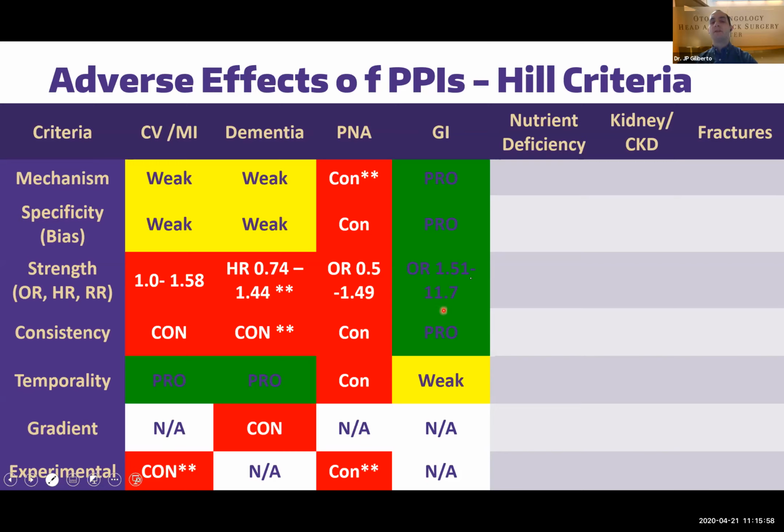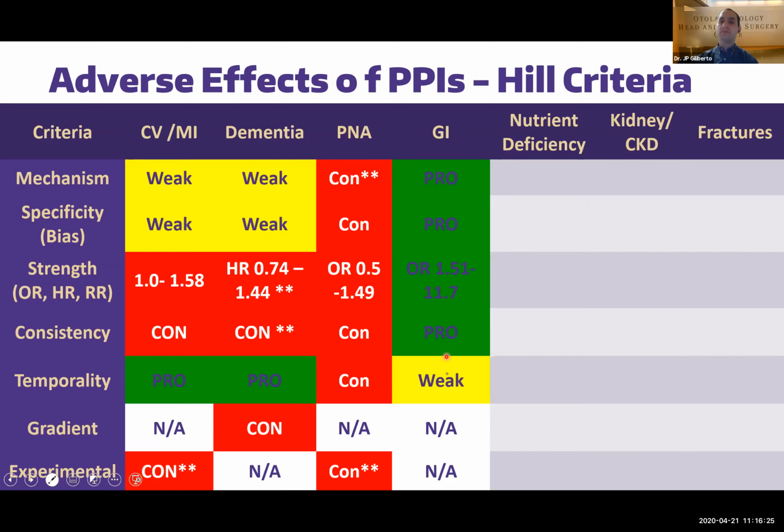There is some specificity bias, but it's not overwhelming. There is a good strength of association, especially in some of the gastroenteritis studies. It's consistent literature, although not all the studies show consistent temporality, especially in case controls, which don't always have the exposure before the case.